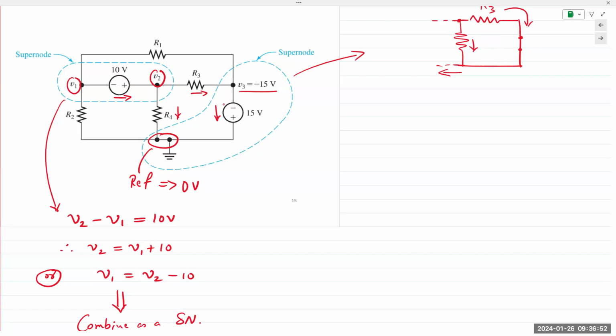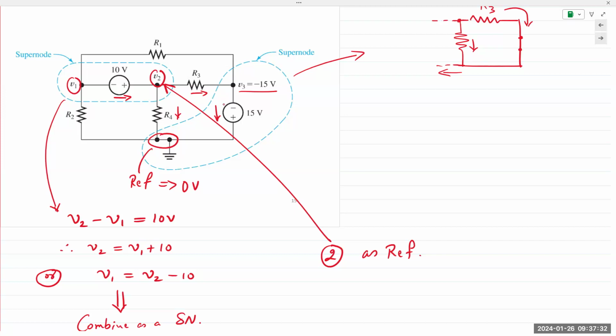If it was me, I would choose, what would I choose? It actually doesn't matter. I'm trying to remember. I think I chose V2 as my reference node. No, I solved it using 1 and 2, both.